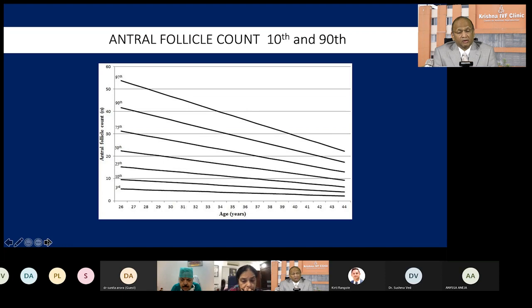But what we should do is use these scientific data charts of antral follicle count and AMH and adjust our starting dosage based on either the AMH or the antral follicle count. Then look at the follicle oocyte output index and see where we stand. Only then can we, in a very efficient way, give a good starting dosage.